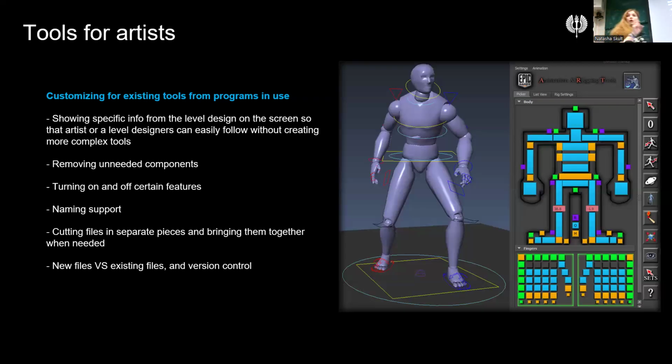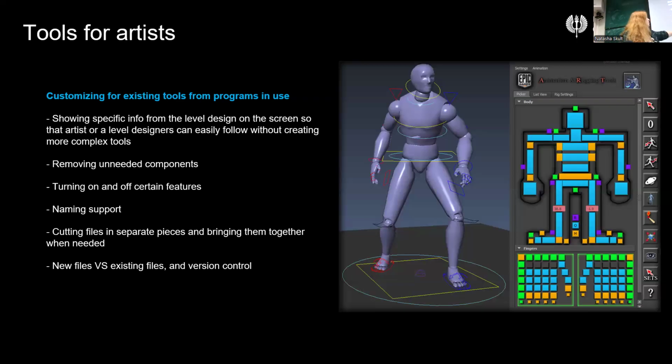Also turning on and off certain features, because again, you don't always need some features, so why even have them? Also, any kind of naming support, because if the system recognizes certain assets, or especially if you are creating stuff directly in the engine, they can give recommendations for naming as well, and so on. So basically, you could have that if needed.